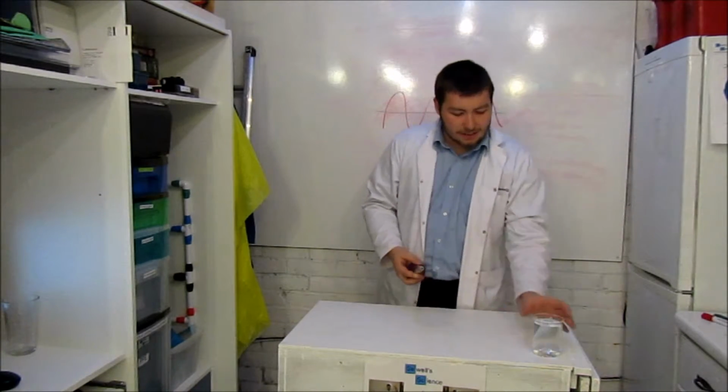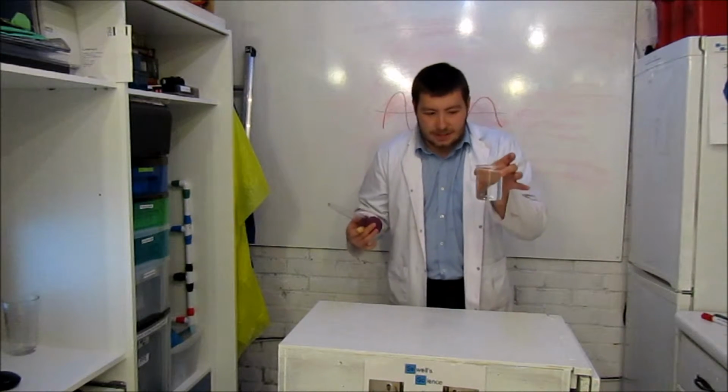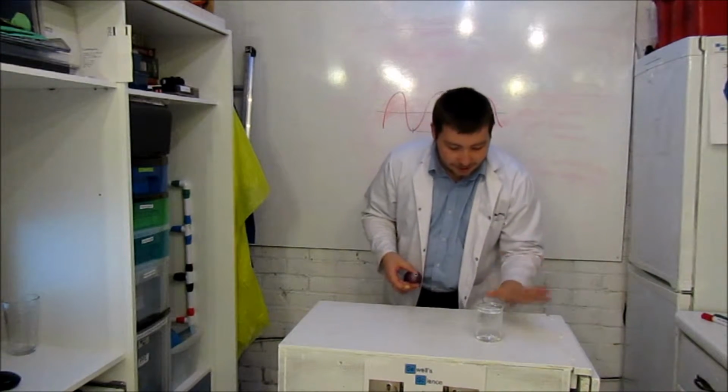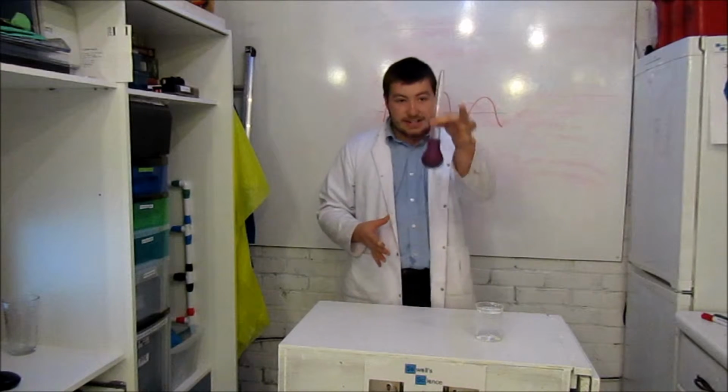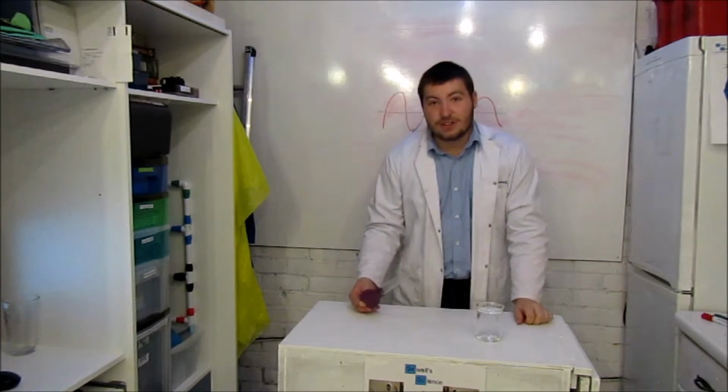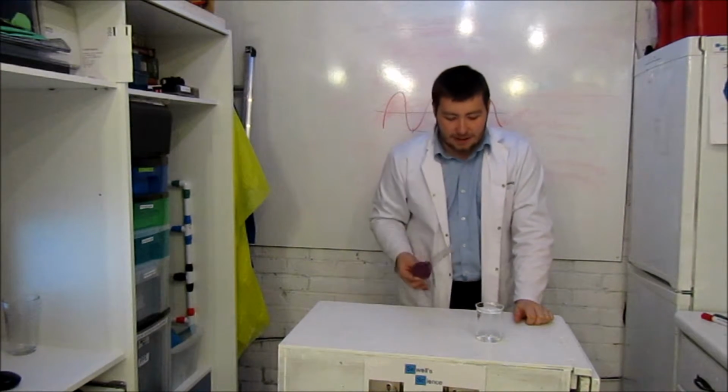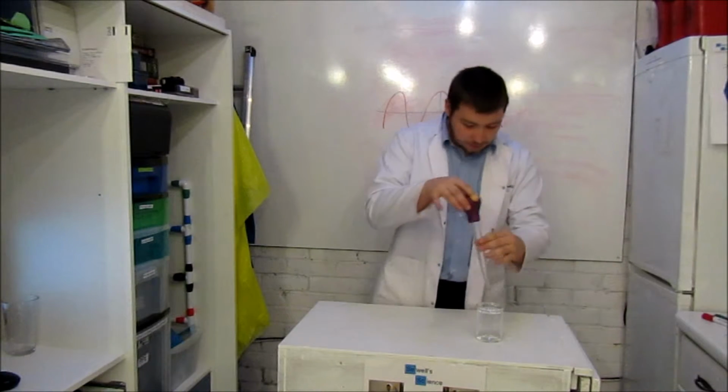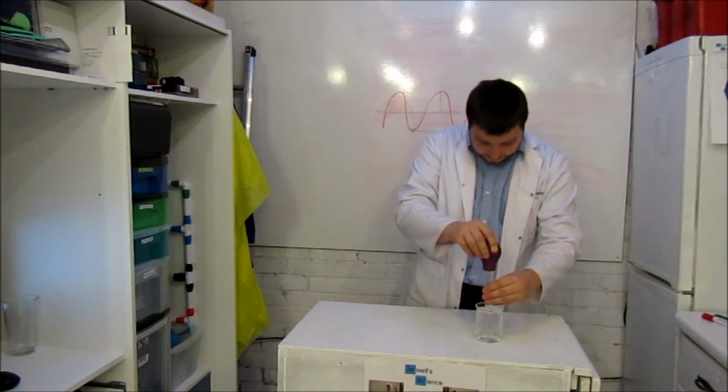What you're going to need is some water. It doesn't have to be in a scientific beaker, it just looks cooler, I think. So some water and a turkey baster, which is basically a giant pipette, but you need it this big, okay? So we need to take some water up in it, so squeeze it.